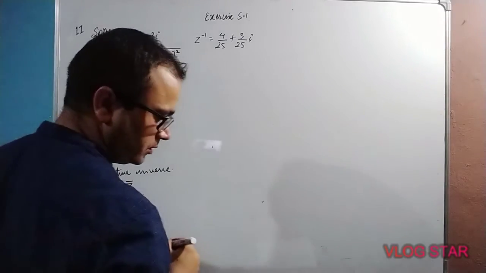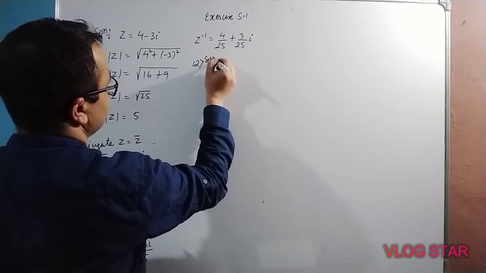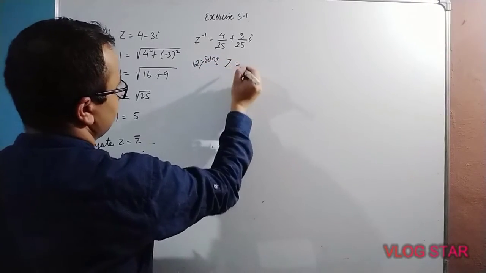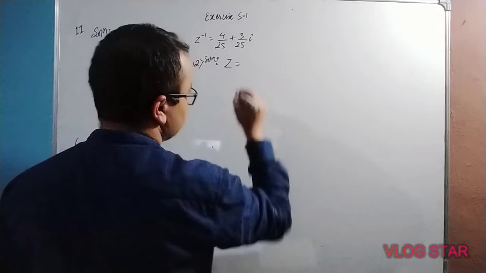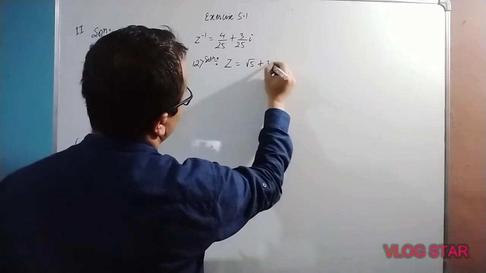Now move to question number 12. Question number 12 is z equals root 5 plus 3i.